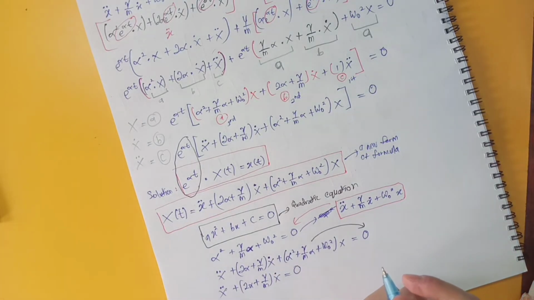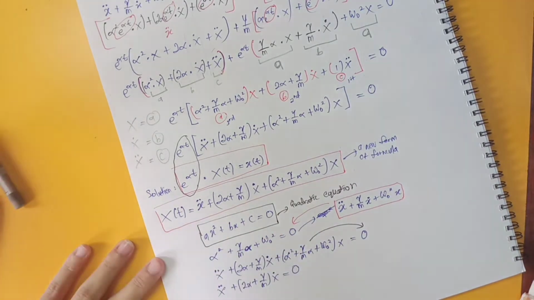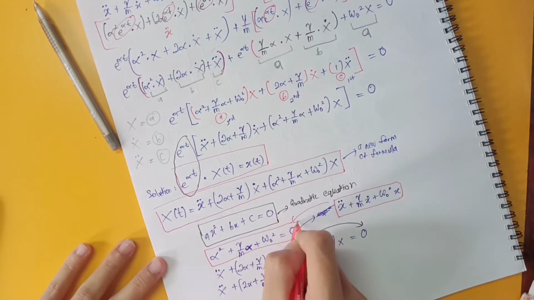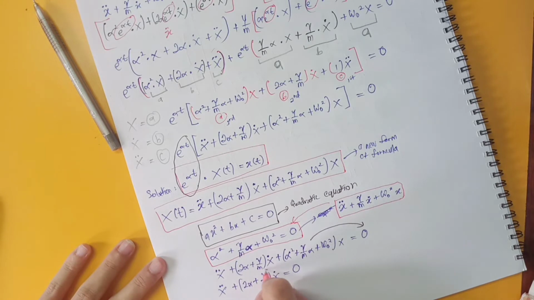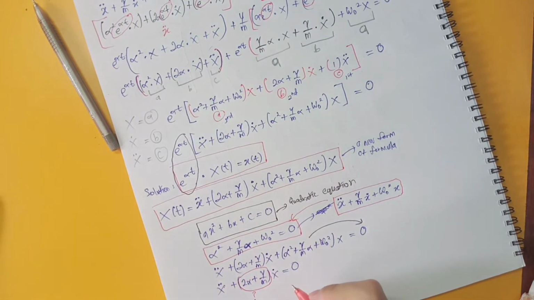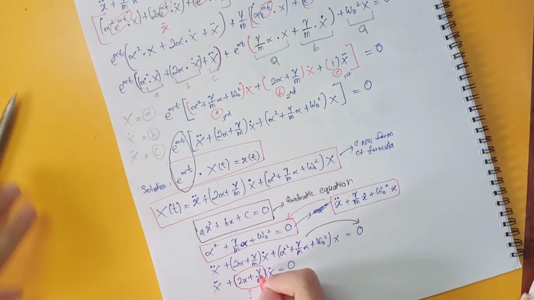Now from here we want to find out the value for this one, the solution for 2 alpha plus gamma over m.